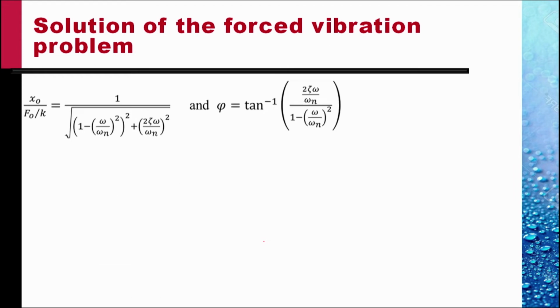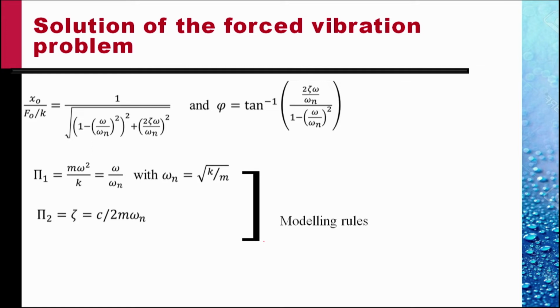Same equation. You notice that m omega square by k, or omega by omega n squared, is non-dimensional. We give it a name pi 1, the first pi number, and zeta, equal to c divided by twice m omega n, is the second pi number.